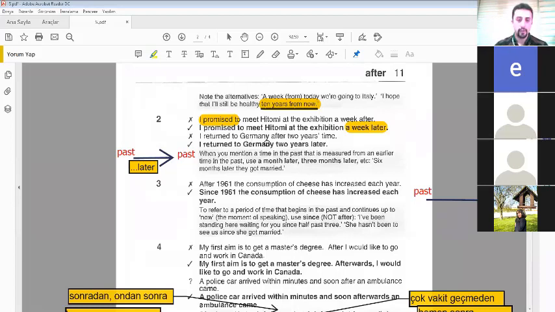I returned to Germany after 2 years' time. I returned to Germany 2 years later. Again, everything is in the past. Past to past, not present. So for past to past, we use later, not after.